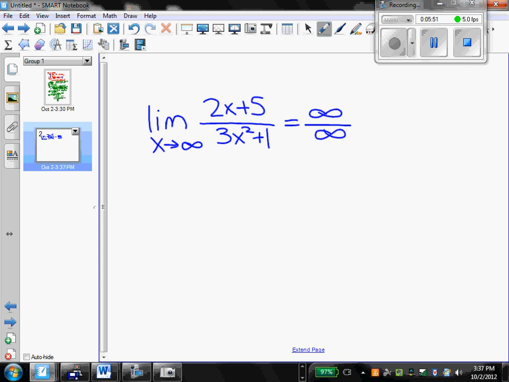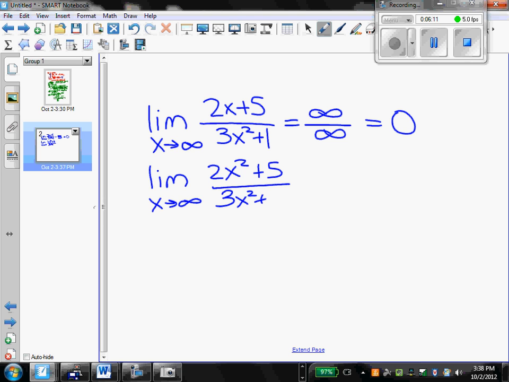The degree of the top is less than the degree of the bottom, so my limit is going to be 0 because my horizontal asymptote is 0. If I change the problem just a little bit and add a square to my numerator, then the degrees are the same, and I am going to approach the horizontal asymptote, which in that case is 2/3.